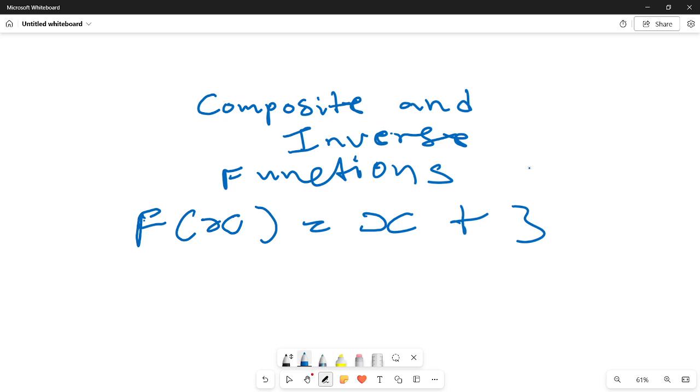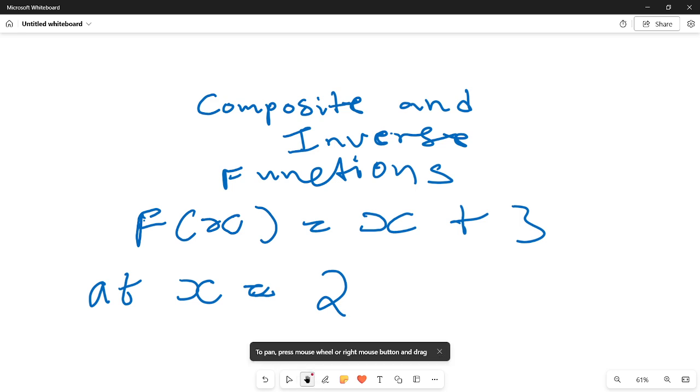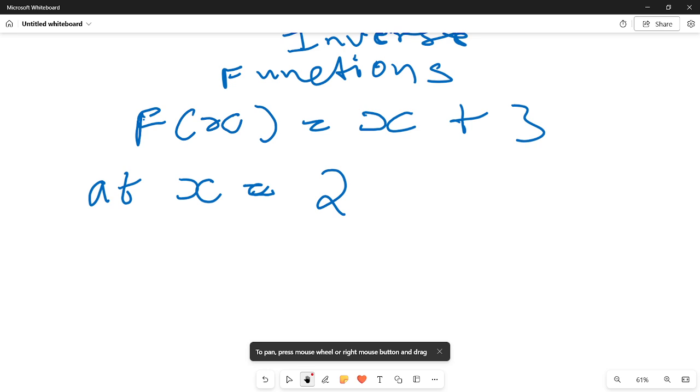If we have this function and we are interested in evaluating the function at x equal to 2, the evaluation will give us the following.